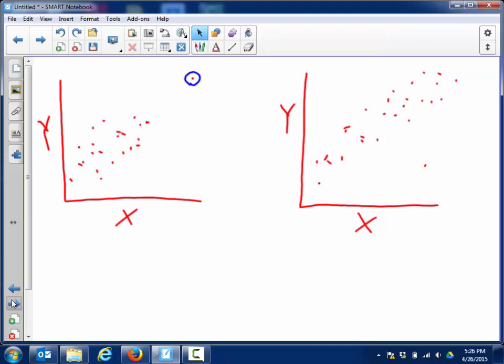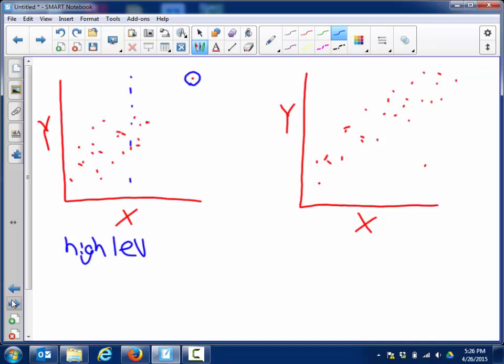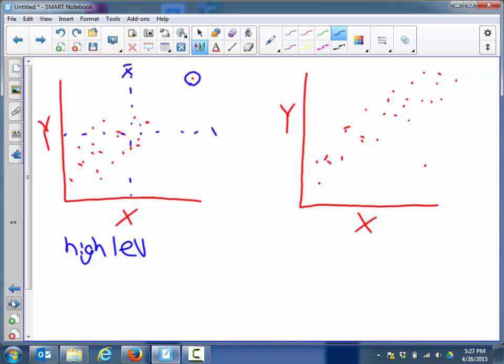So for the first data set, we have an outlier that I'm circling in blue. It's what's called high leverage because it is far from the center of X and the center of Y, meaning that it has a lot of influence upon the correlation coefficient.